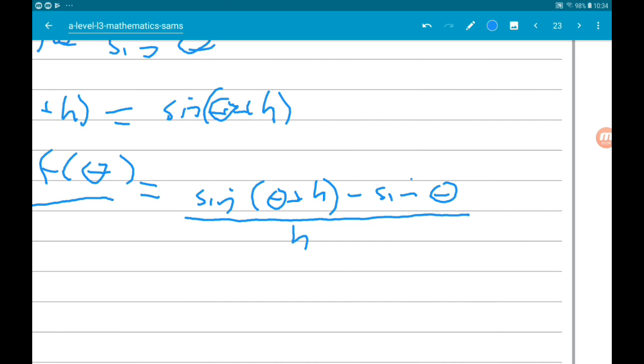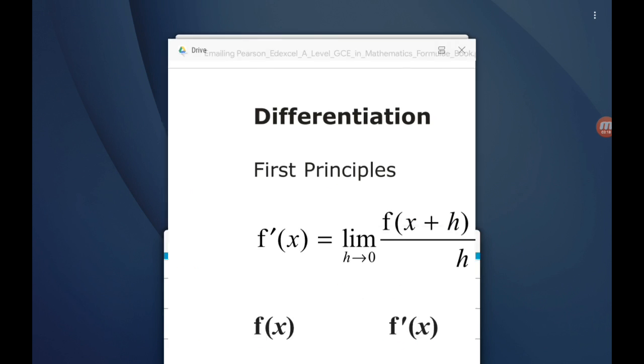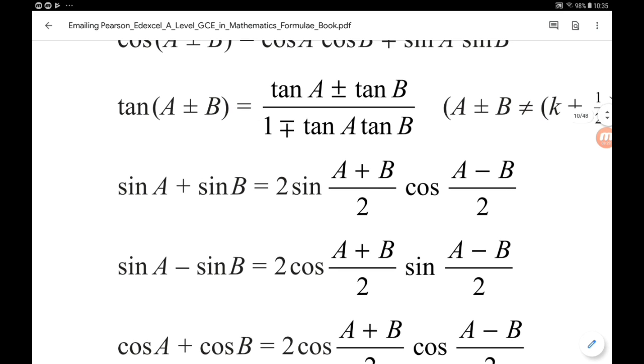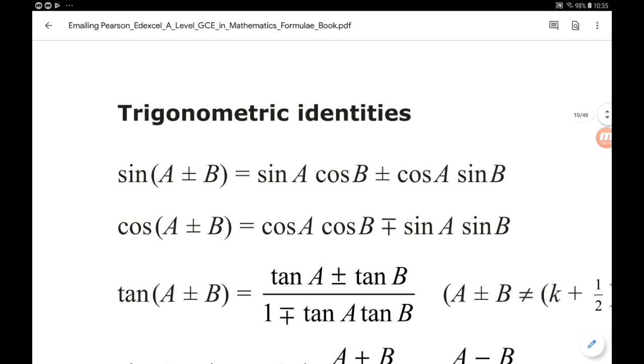Okay, now at this point we need to use the compound angle formula for sine of A plus B. So, very conveniently, that is here.